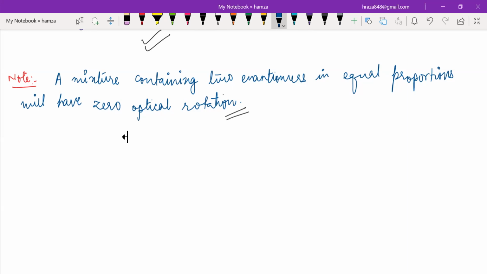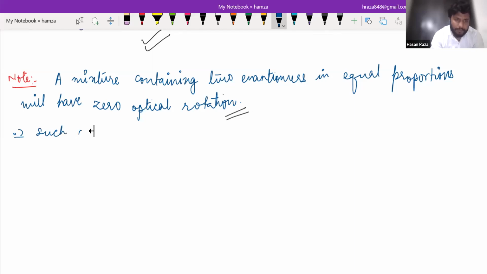See, such mixtures are basically called racemic mixtures.